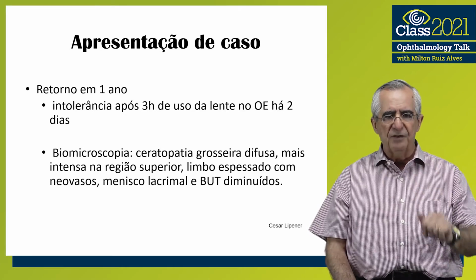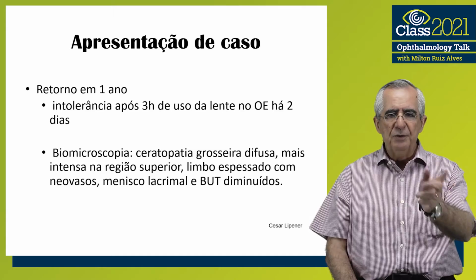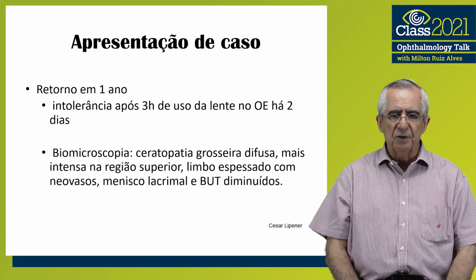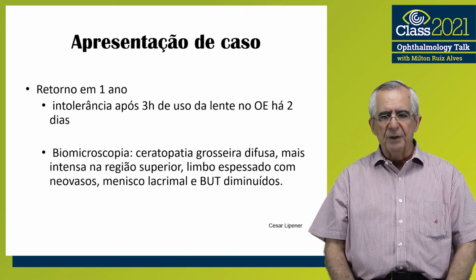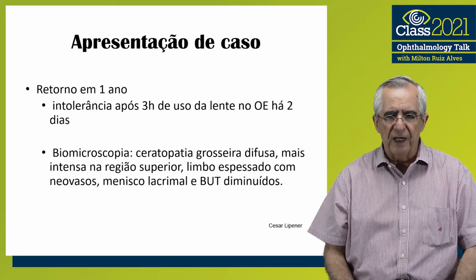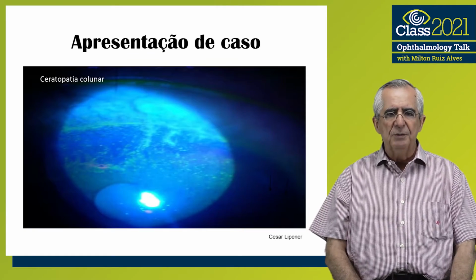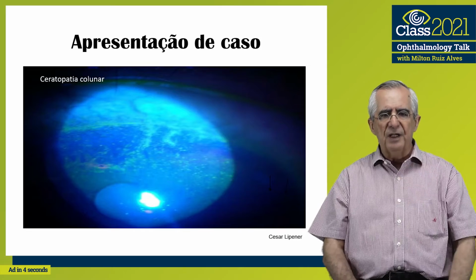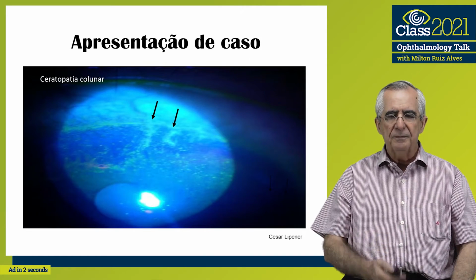Biomicroscopy showed a diffuse gross keratopathy, more intense in the upper region, thickened limbus with new vessels, and a decreased lacrimal meniscus. But look, it's the sign of columnar keratopathy.